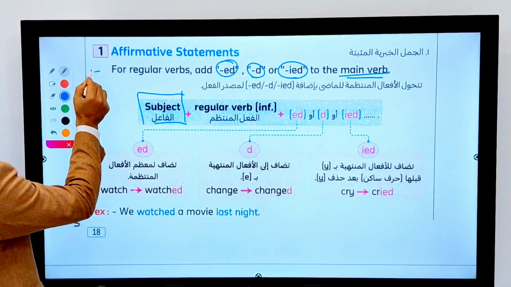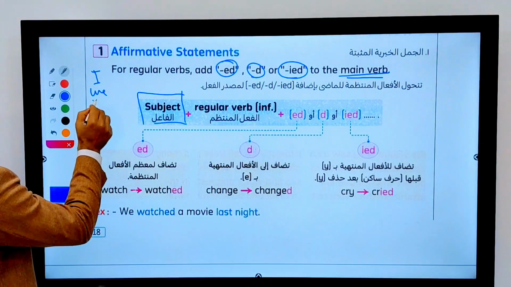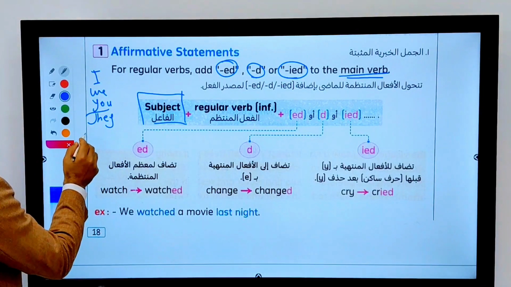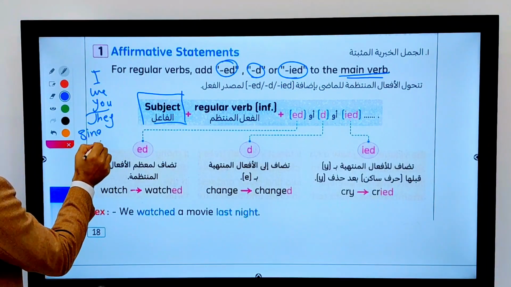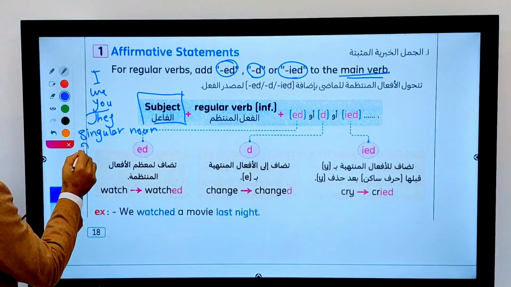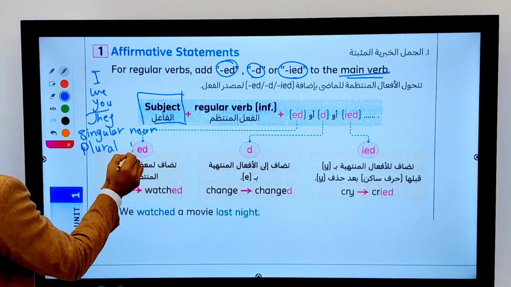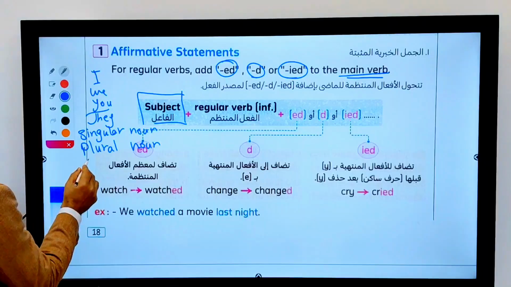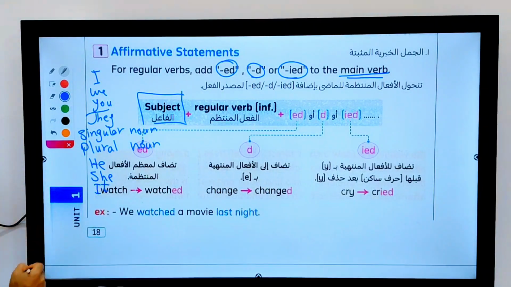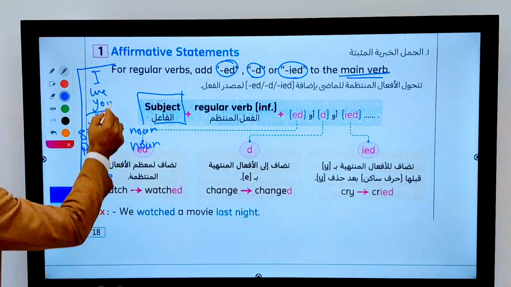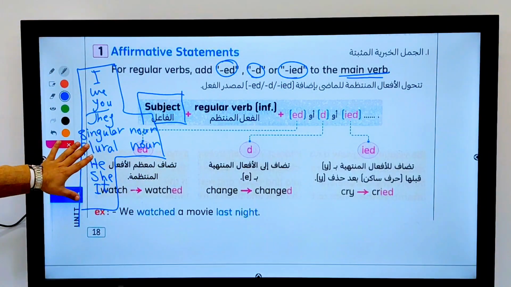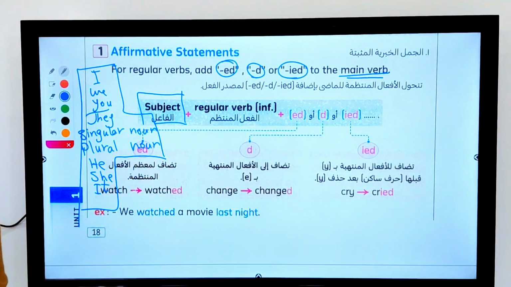This subject could be I, we, you, they, or it could be a singular noun, a plural noun, or he, she, or it. This is the subject. There are 9 forms of the subject.